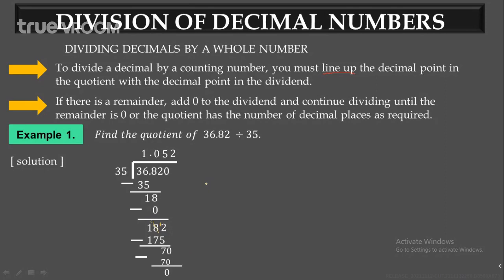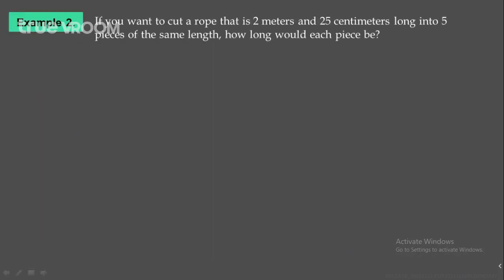Therefore, 36.82 divided by 35 is equal to 1.052. Do you understand? Yes. All right. Next, we have example 2.